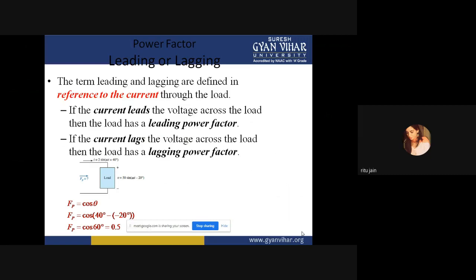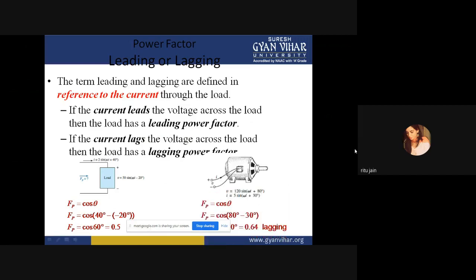So what is a leading and lagging power factor? You can see here, Fp is your power factor, which is equal to cos theta. Fp is equal to cos of 40 minus 20, and that is equal to 0.5.